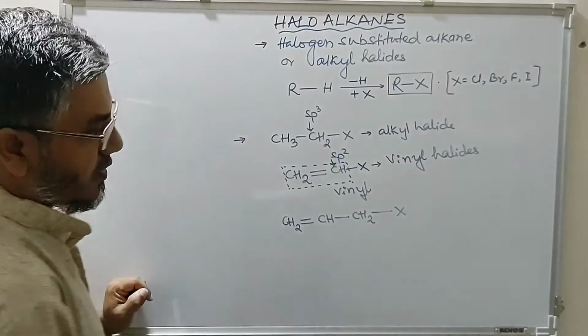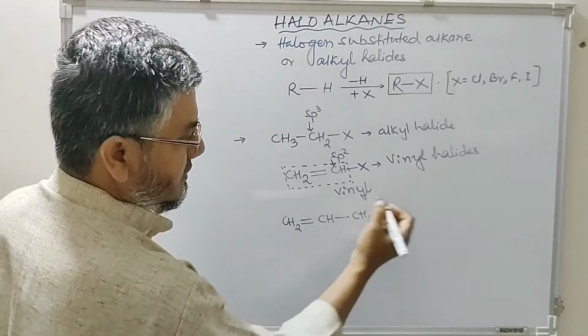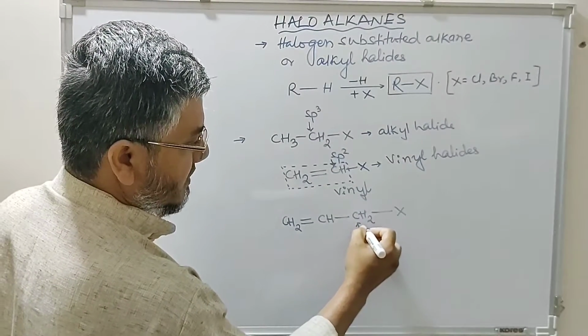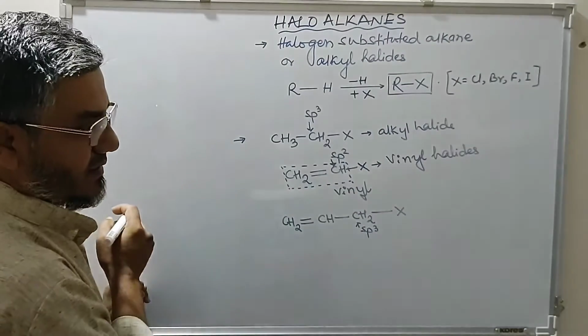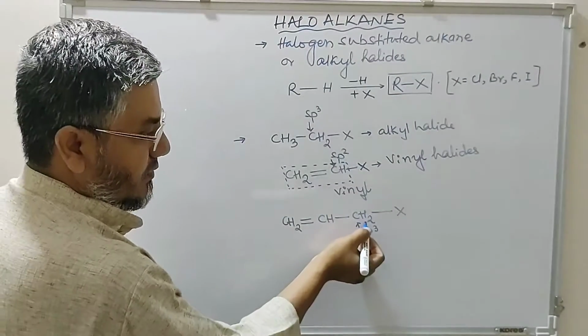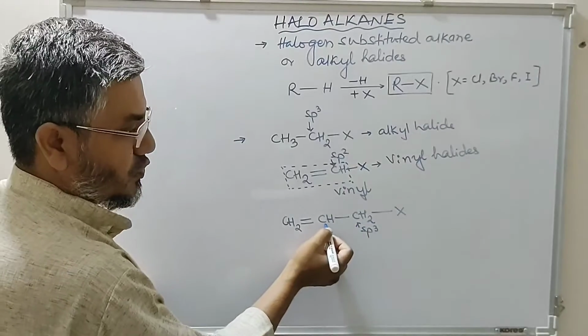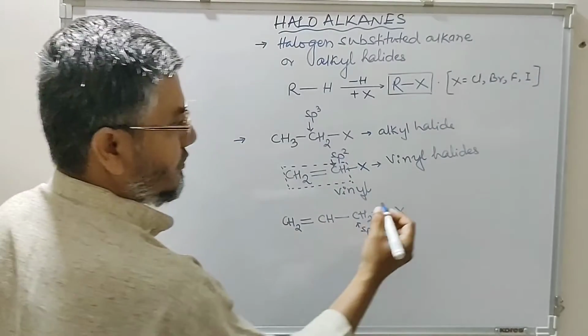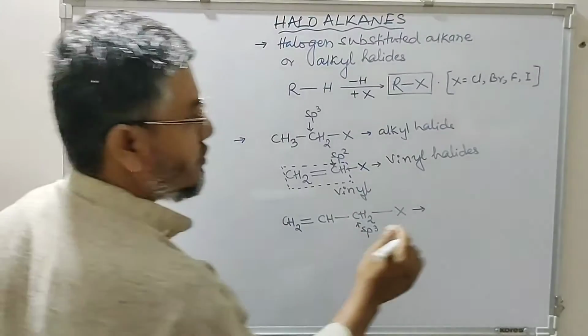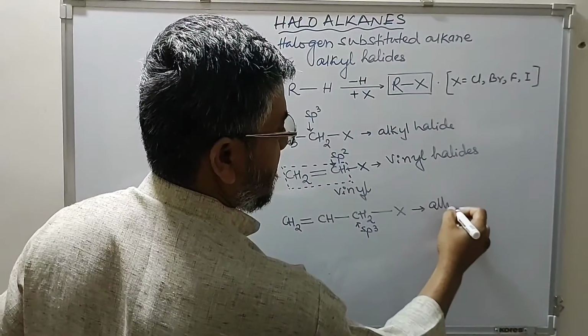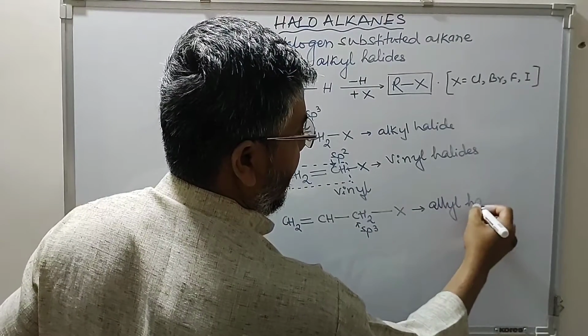Look at this. Now the halogen is bonded to an sp3 hybridized carbon, and the carbon next to the sp3 carbon is sp2. So we have this type of group. If the halogen is attached to this type of group, this is known as an allyl halide.